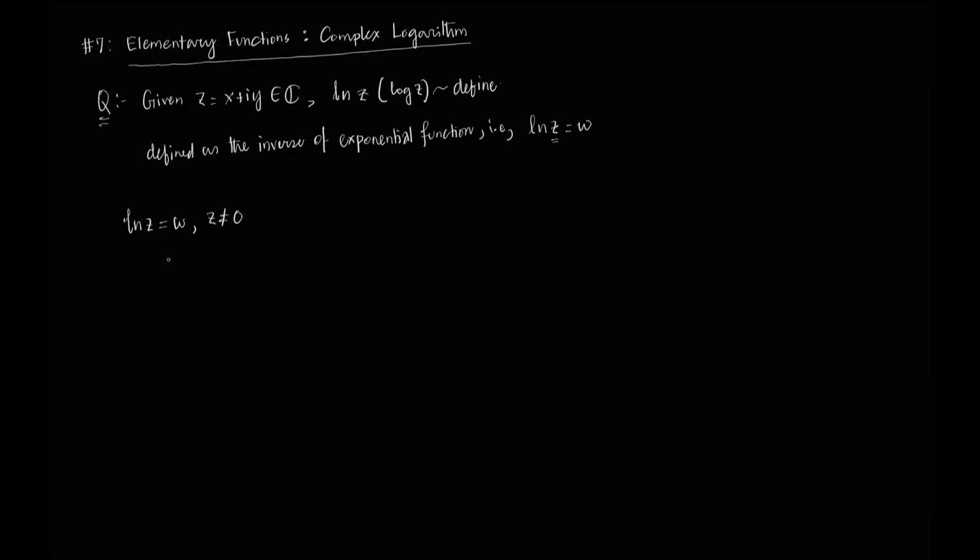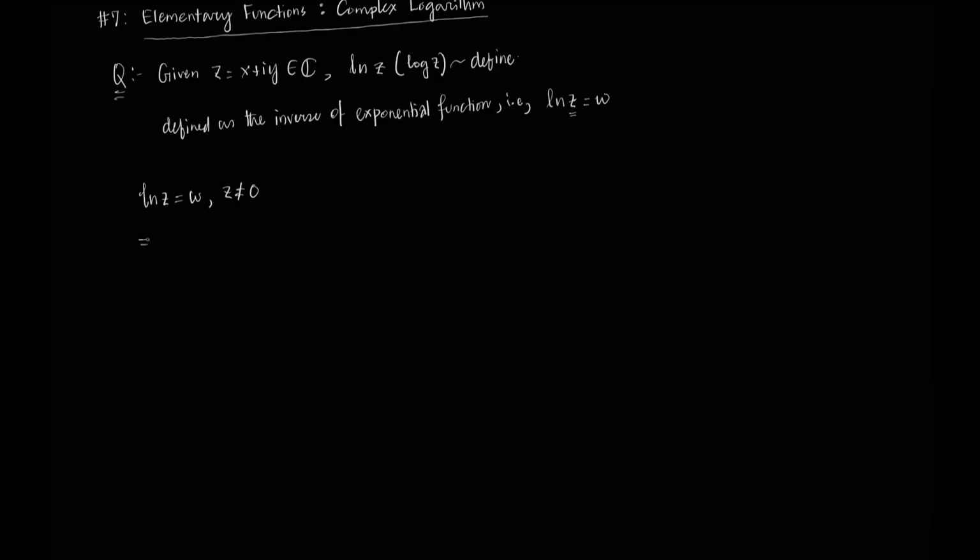Now if that is the case for z not equal to 0, then log z equals w is defined by the relation exponential of w equals z, exactly like what we do in R. So given z, we want to find log z, meaning we are looking for a w such that exponential of w is that z.